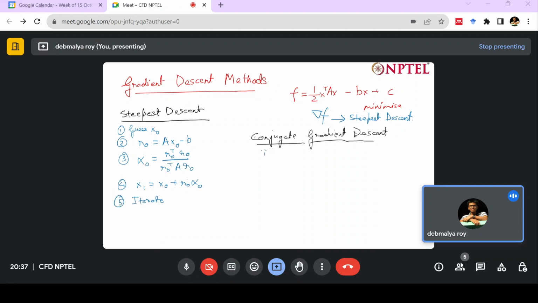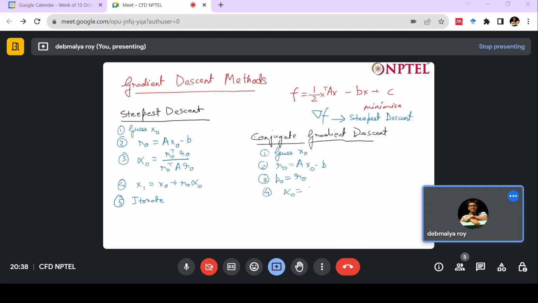Here also you will first guess x0, and also you will have r0, which is defined as A x0 minus b. Up to this it is the same, and after that you will have p0, which at the first step you take the same as r0, and then you define alpha 0.